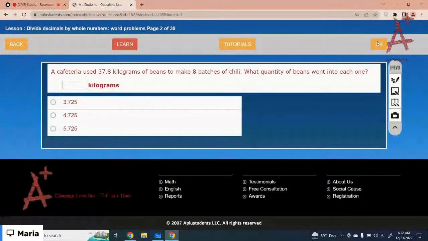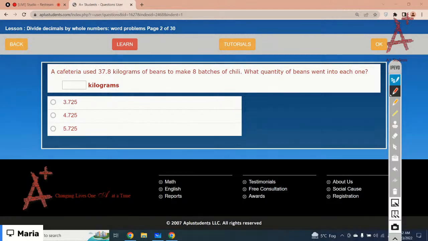The next one: a cafeteria used 37.8 kilograms of beans to make 8 batches of chili. What quantity of beans went into each one? You have to calculate basically unit prices. Got it? Just divide 37.8 by 8. Okay, you have to count 8 until 37.